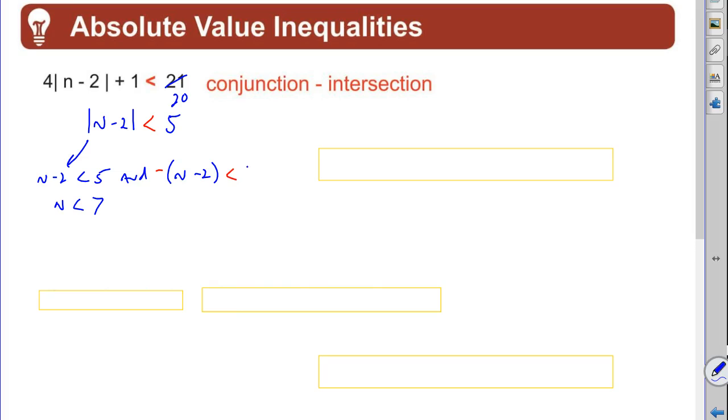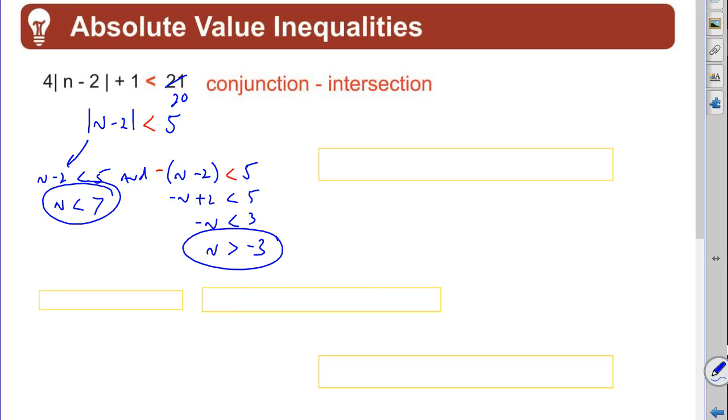I do this to help my students remember that this inequality symbol is going to switch. Add a -2 to both sides, and then to take care of the negative n, divide both sides by -1, and you remember therefore to reverse the inequality symbol.